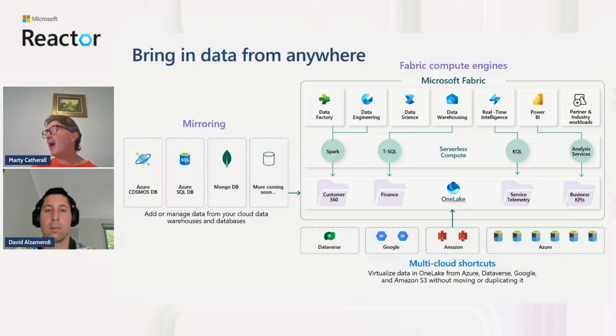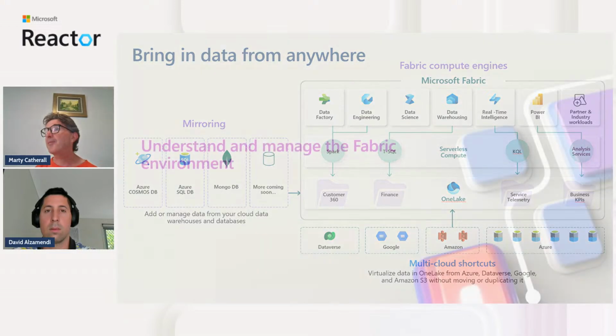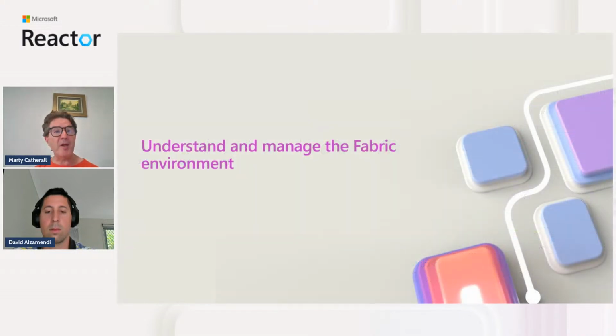And we've got OneLake, and even within OneLake, we can talk to different clouds. We've got Dataverse there, which exists in the Microsoft ecosystem, but we've also got Google and Amazon, which sit outside that massive ecosystem. And we can use shortcuts to talk to that data. So hopefully I've summed that up okay, David.